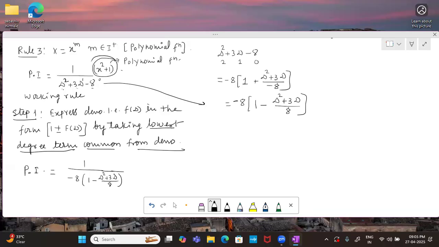Operating on x square plus 1, like this. So this is the first step.